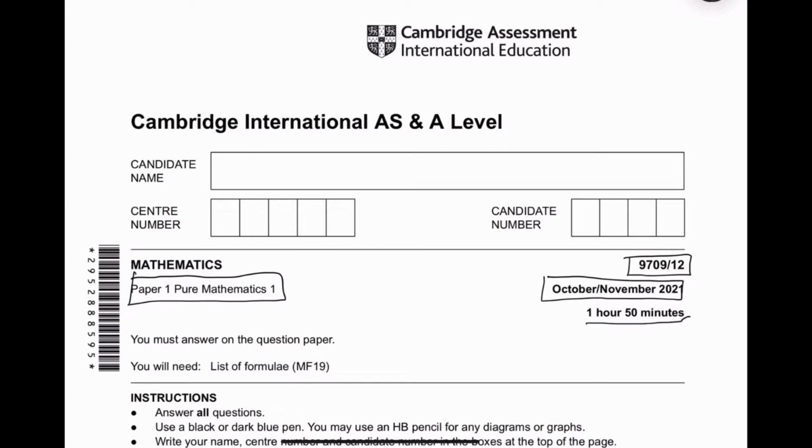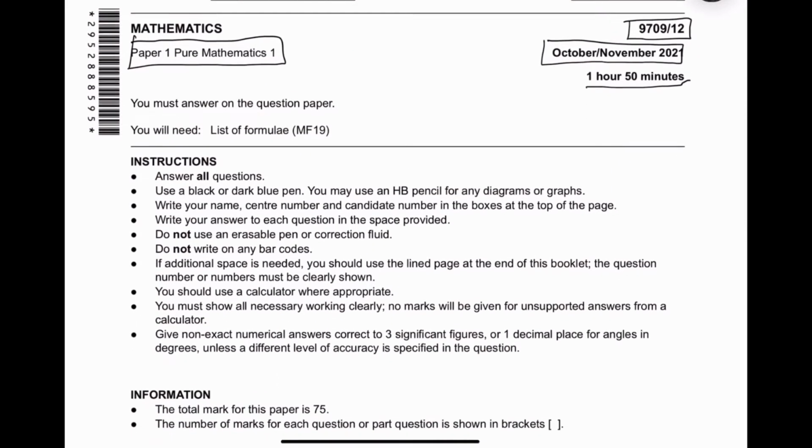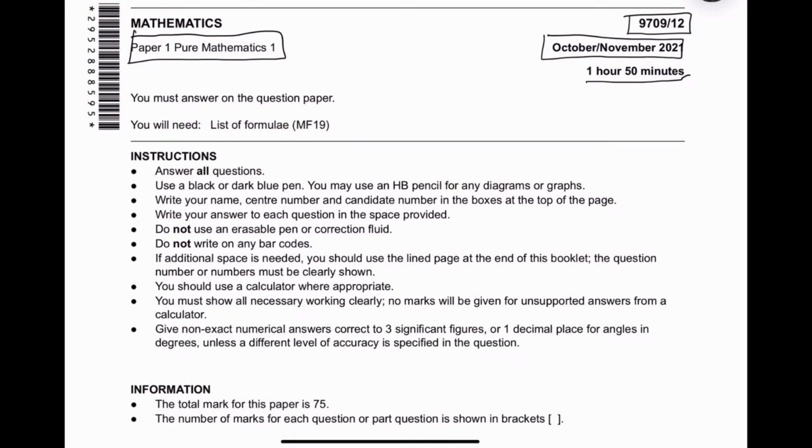After getting the question papers, according to our statement of entry, we must write our necessary information like candidate's name, center number, candidate number. Then we will see the necessary information given there. You need to use an HB pencil, and you can use a calculator.